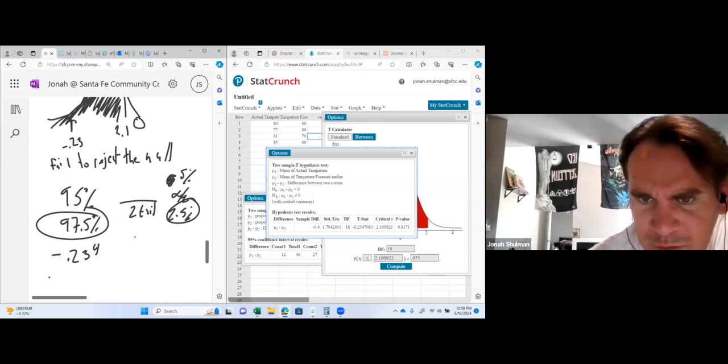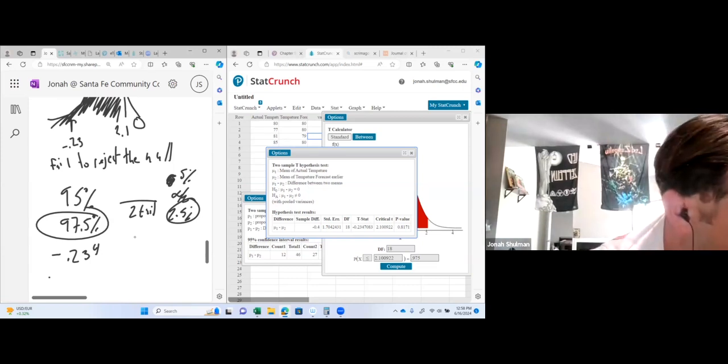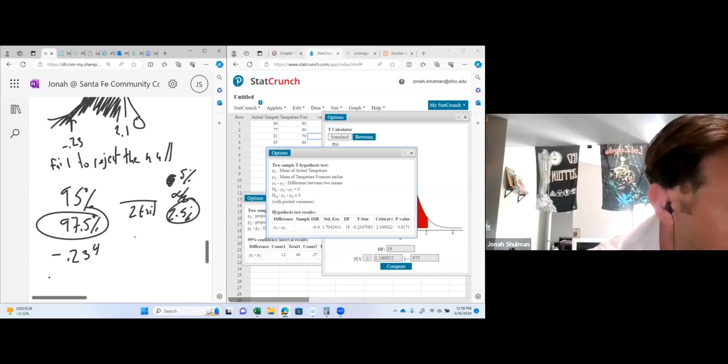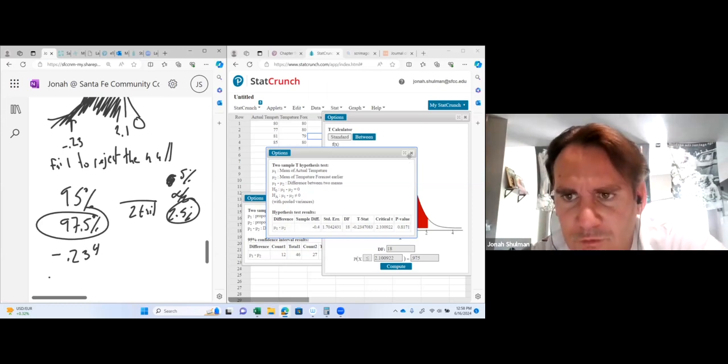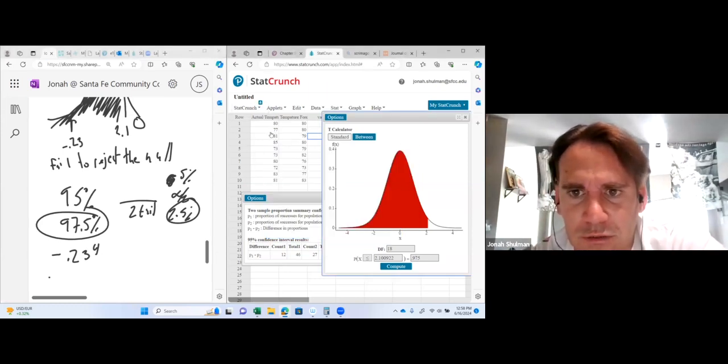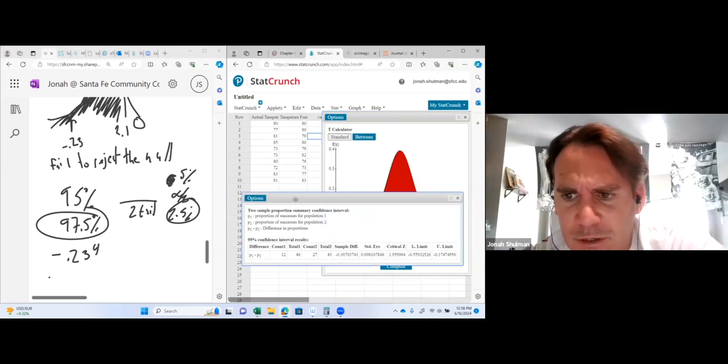We got negative 0.234. They got a p-value of 0.7995. So I might have typed it in wrong. Let's try this again. I made a little bit of an error.